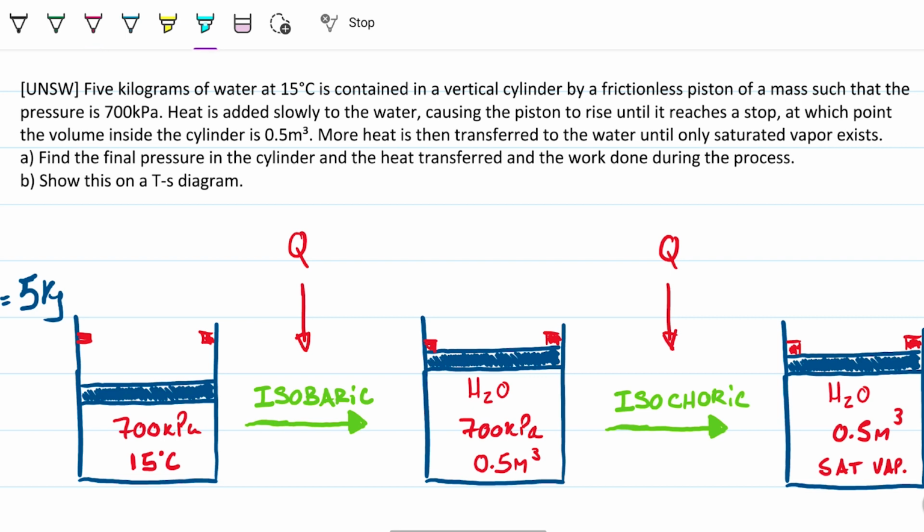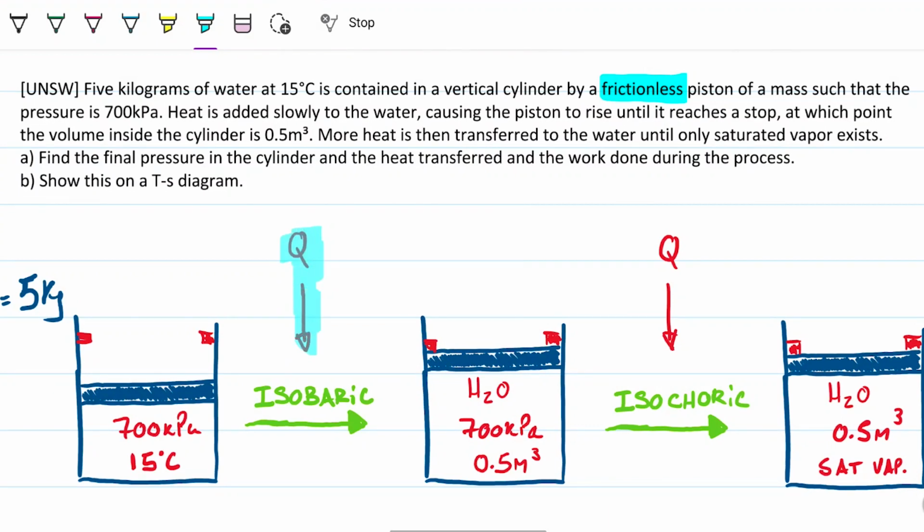Okay, so a couple of things to note in the beginning. We're dealing with the vertical cylinder that is frictionless. And this frictionless means that all the energy that's going to be used to move this piston is coming from the fluid itself, in this case from the heat being given to this system.